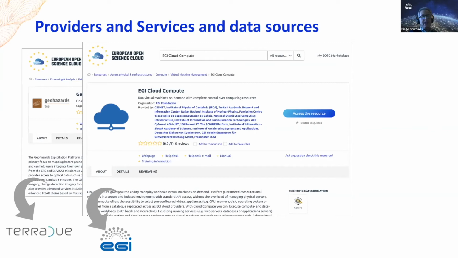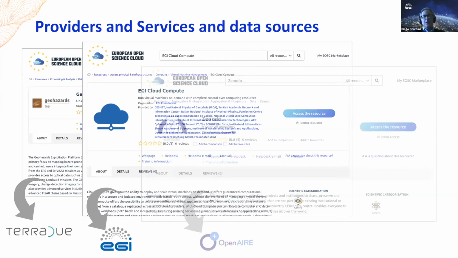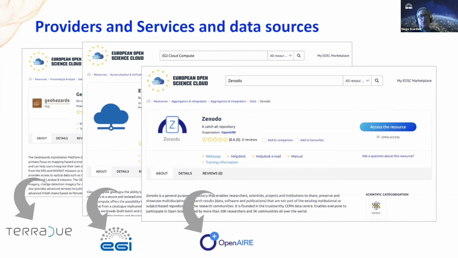In this case, the provider is EGI. And we can also have a repository like Zenodo, where the provider is OpenAIRE. These are all examples of services offered by EOSC, and one of these in particular, Zenodo, is also a data source, so it will also allow exposing multiple datasets to EOSC.